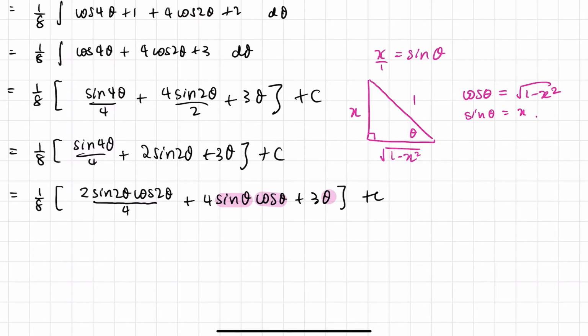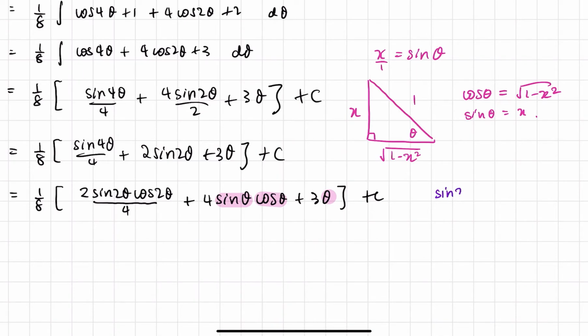Okay, and the last thing becomes finding sine 2 theta and cos 2 theta. Now, of course, you can expand this further into single thetas. But what I think is better is we can just focus on finding what sine 2 theta is.